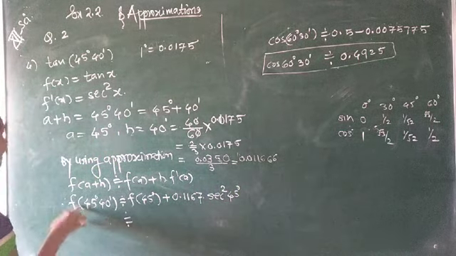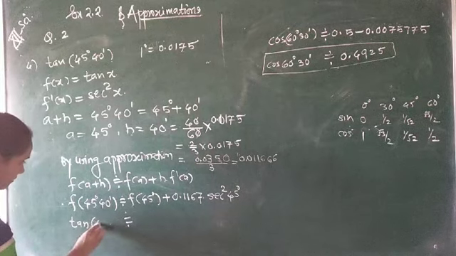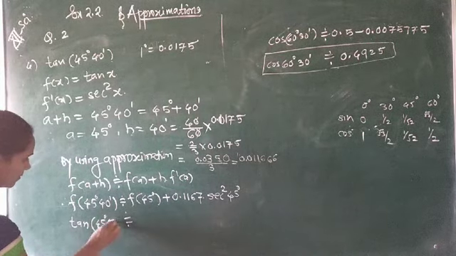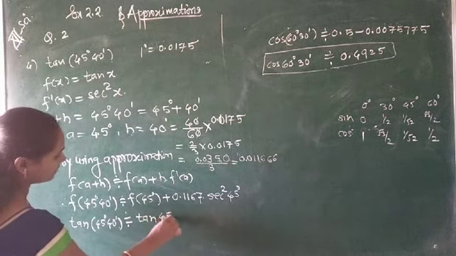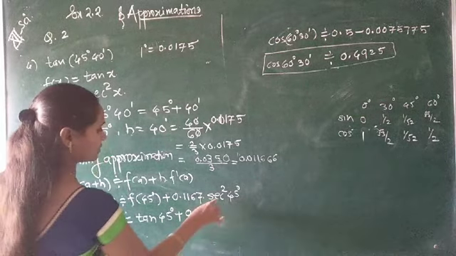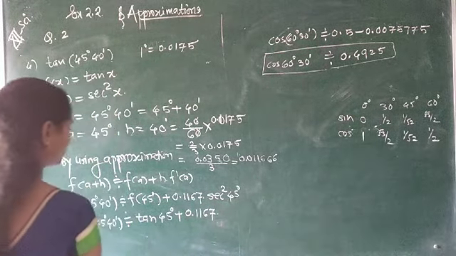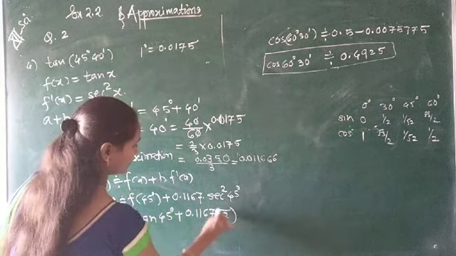F of 45 degree, which is defined as tan, that means tan of 45 degree and 40 minutes. Therefore, tan of 45 degree plus 0.1167 into sec square 45 degree, that is root 2 square.